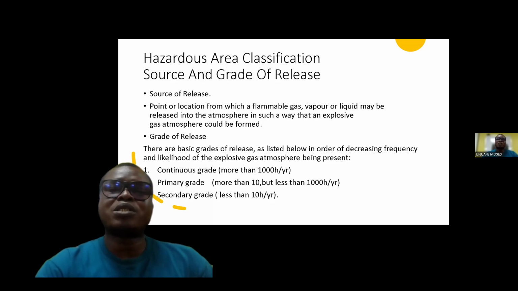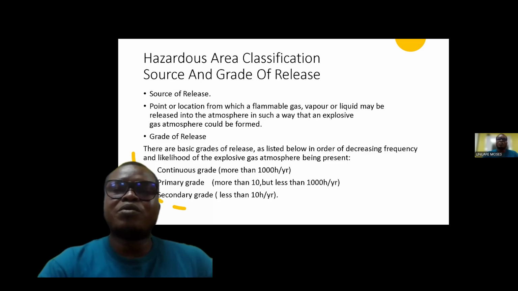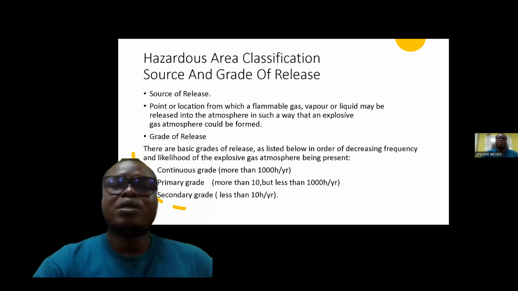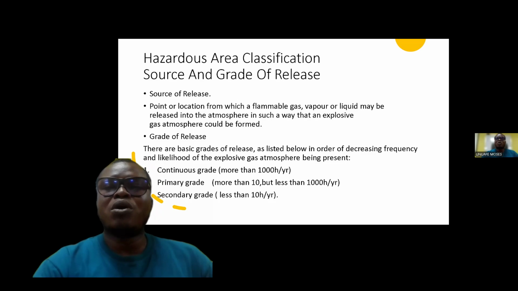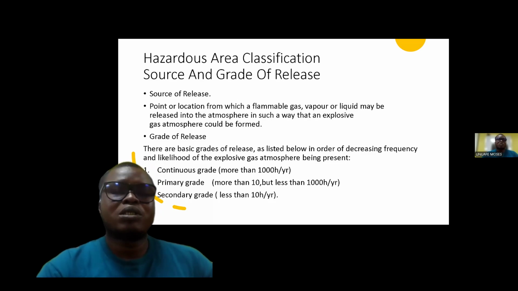Why do we have to do this classification? One, risk mitigation, to help prevent fire and explosion by identifying the danger zone. Another reason is equipment selection, to ensure only certified explosion-proof equipment is used.